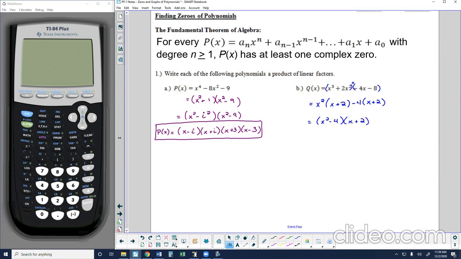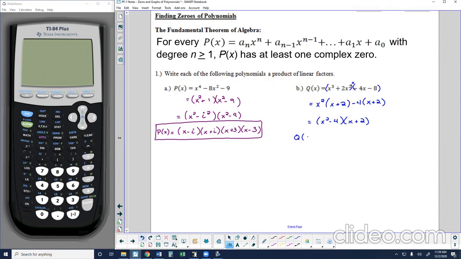This type of problem is one that we saw on our Unit 3 test, where we were able to factor a cubic by grouping, and while doing so, we end up with a difference of 2 squares, which we can factor further.